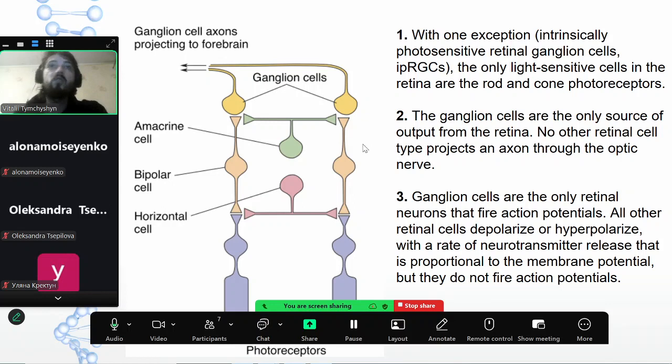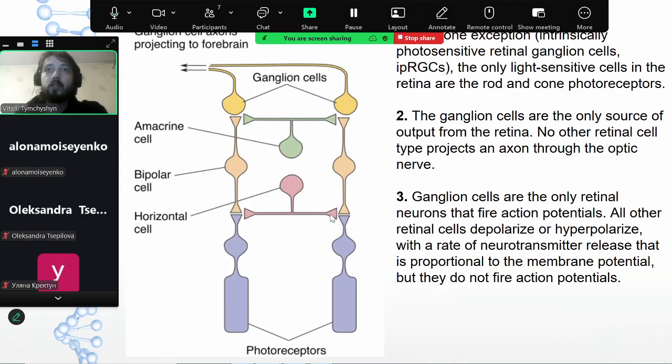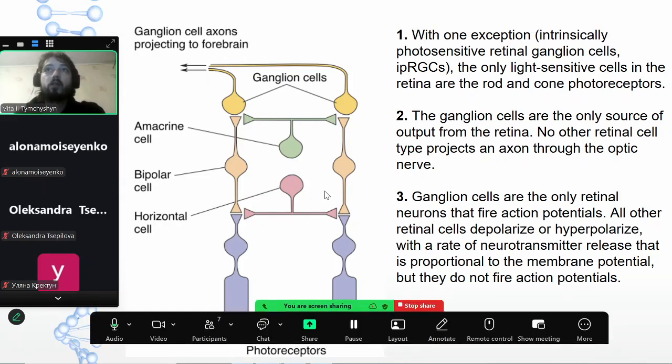So here we are. Here is basically a simplified view of what is happening in the retina. So we are not in the brain, we are just in the retina, and all those layers of the cells are performing certain processing. So what kind of cells are we interested in? Here you see our photodetectors. It may be some cones or rods.